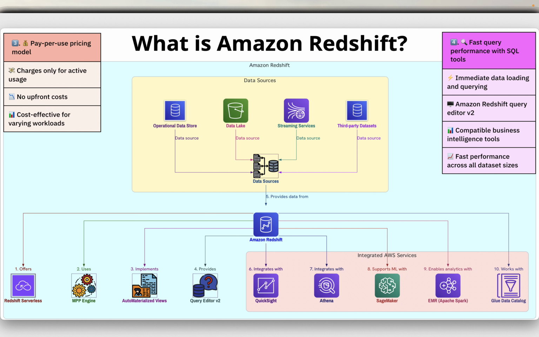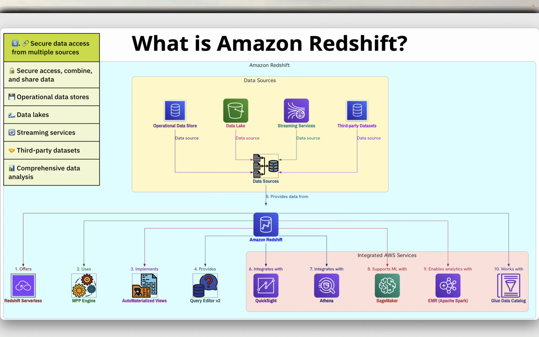users with SQL knowledge. A key feature of Amazon Redshift is its ability to securely access, combine, and share data from various sources. These include operational data stores, data lakes, streaming services, and third-party datasets, all with minimal data movement. This capability enables comprehensive data analysis from diverse sources.